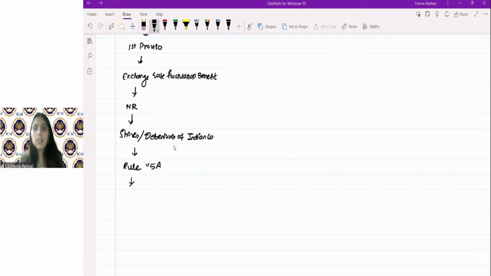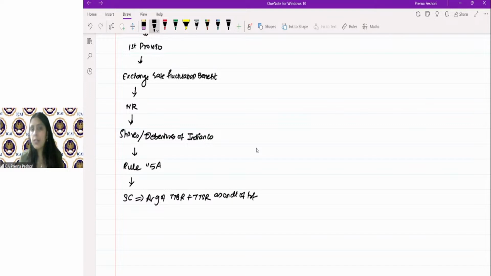And how do you do that? Sale consideration, convert at average of TTBR and TTSR. What is TTBR? Telegraphic transfer buying rate and telegraphic transfer selling rate as on the date of transfer.